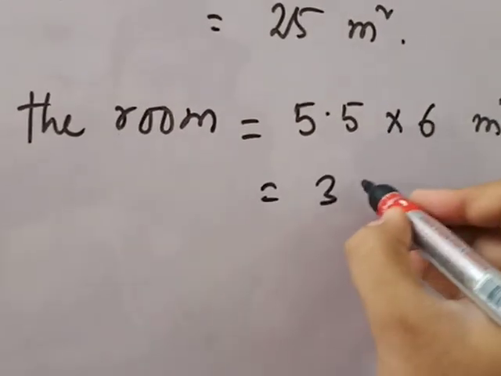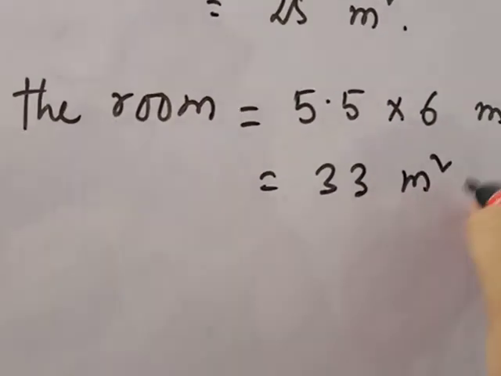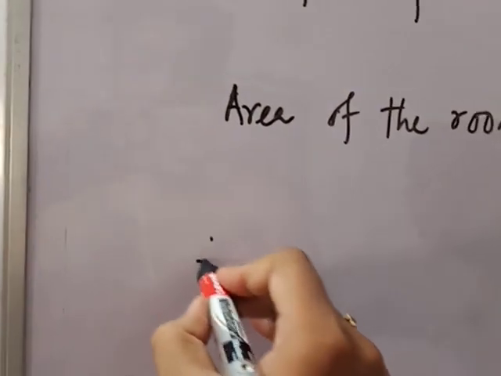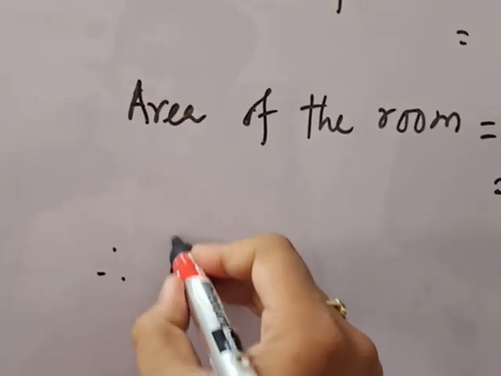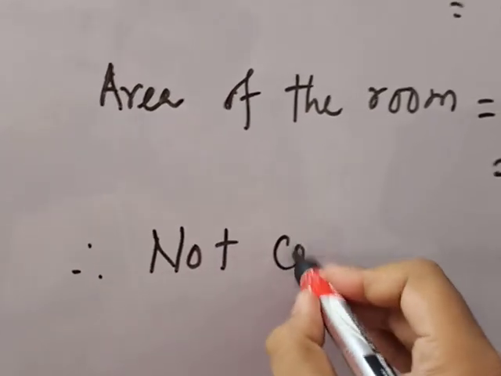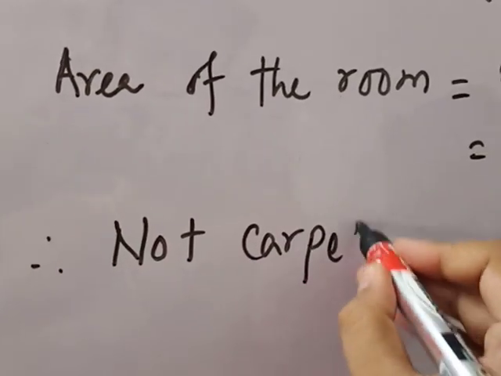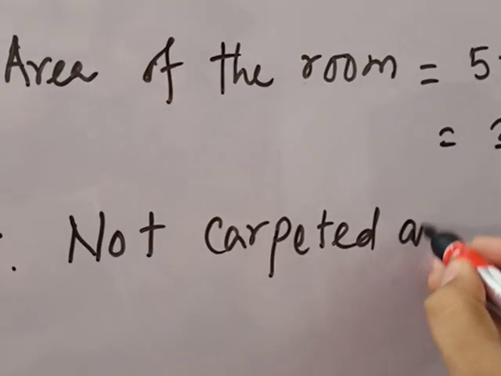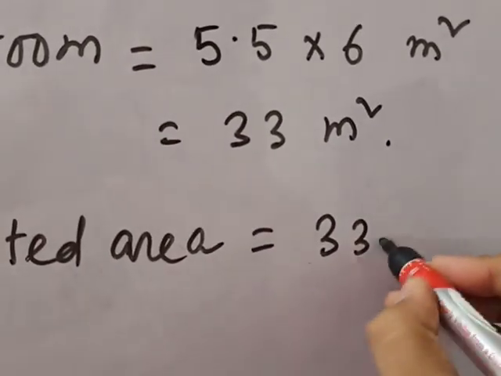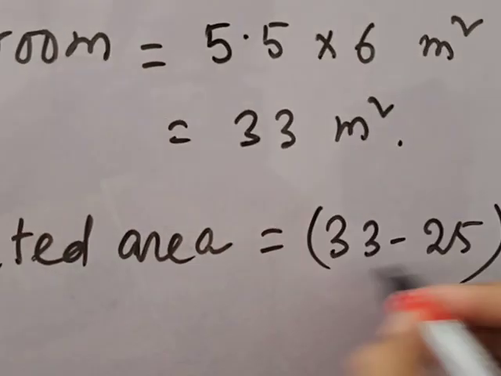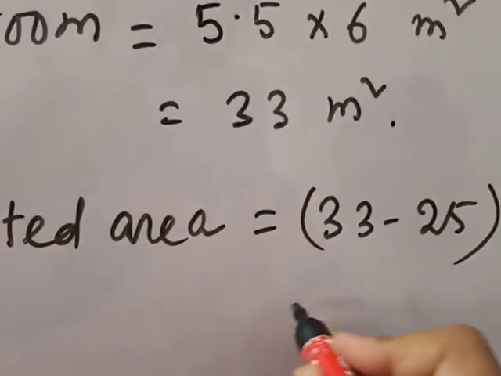So this is 33 meters square. So the not carpeted area equals 33 minus 25 meters square. That means 8 meters square.